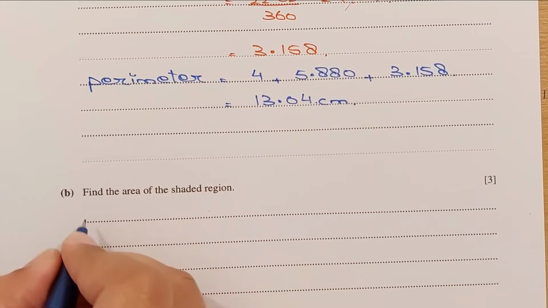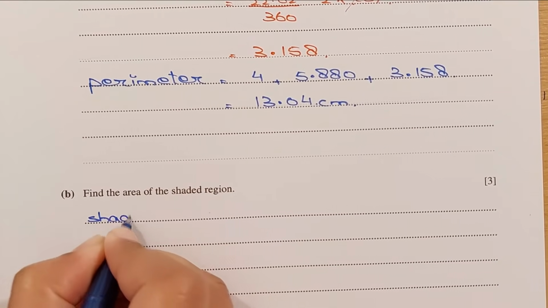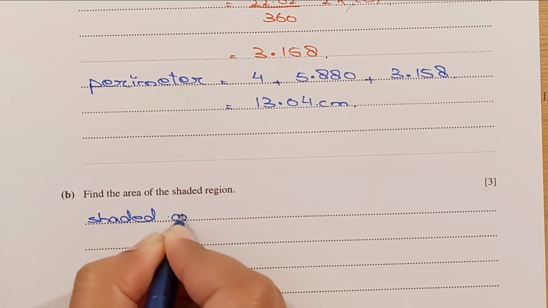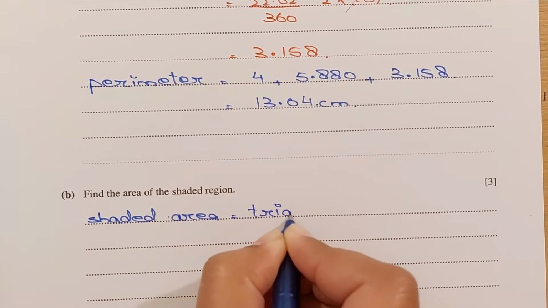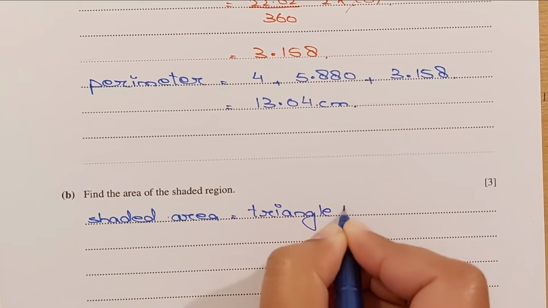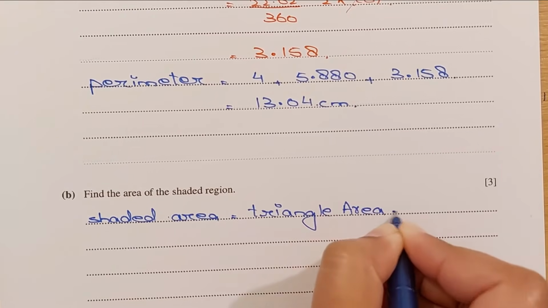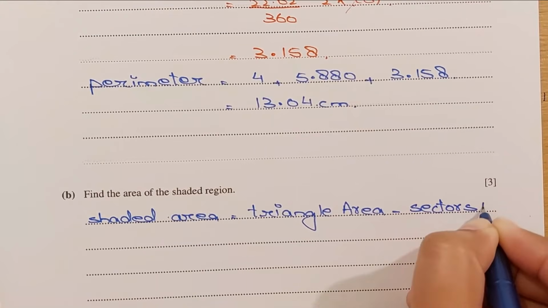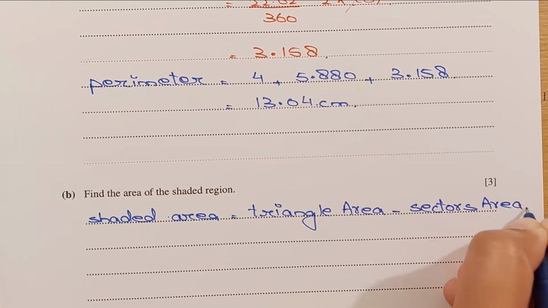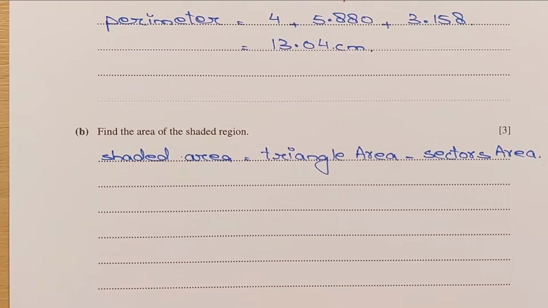Okay, so here we can say that the shaded area is triangle area subtract sectors area, of both sectors we have to subtract, right?